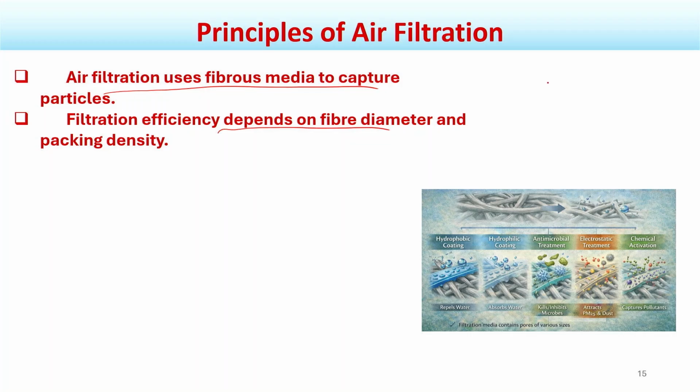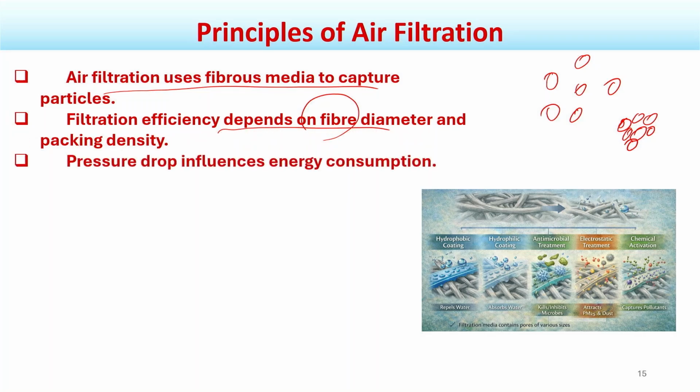As I have mentioned, higher diameter fiber will create larger pores, and if we pack the fiber loosely, it is open. Now, if we pack the same fiber closely, then pore size will be reduced and filtration efficiency will increase. So, we can control it by fiber diameter or by packing density, making it compact.